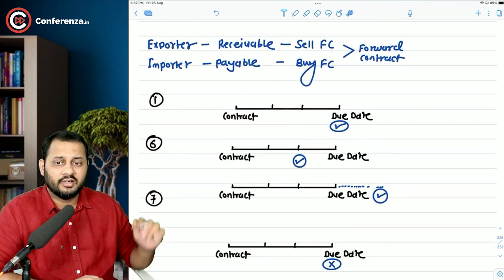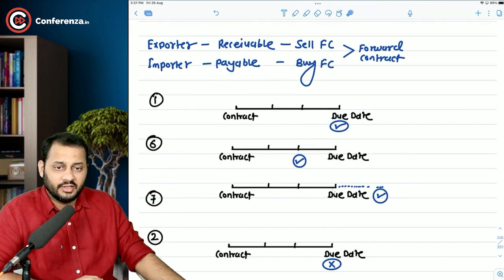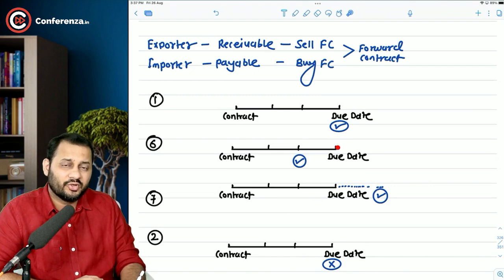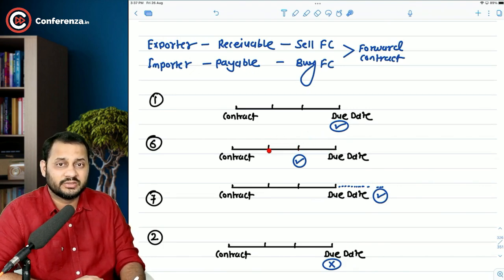Now, what other options are there in case of delivery? There can be early delivery. See, he agreed to deliver the foreign currency or buy or sell the foreign currency on this date, but because of some uncertain situations, he wants to deliver it before due date, 1 month before due date, 2 months before due date.